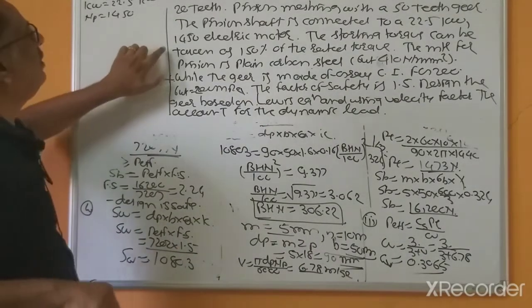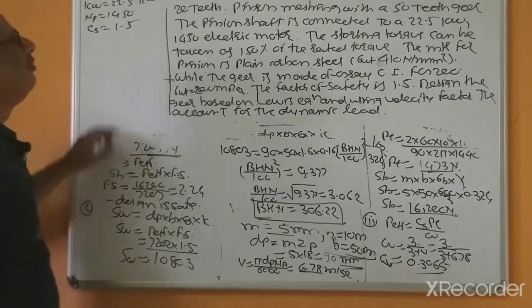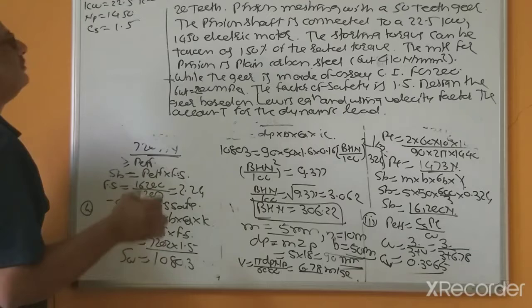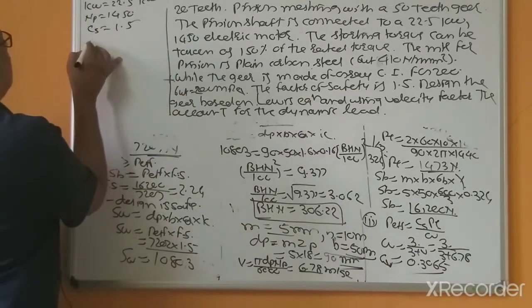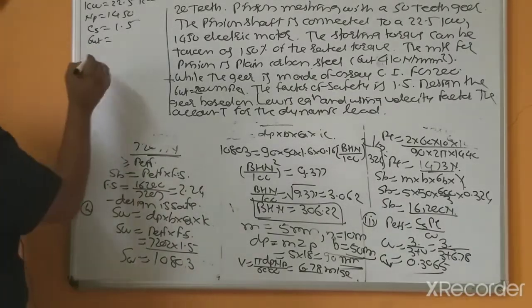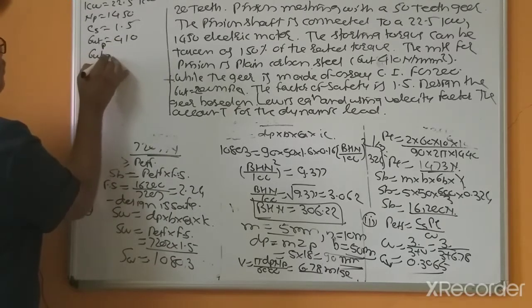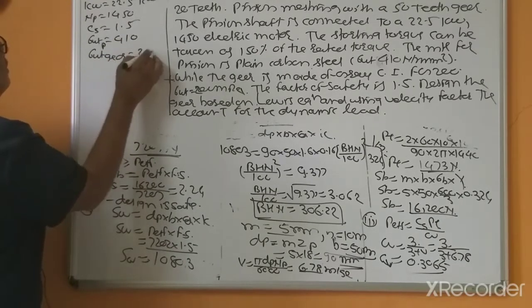This is starting torque 150%, means CS equal to 1.5, and this is sigma UT for pinion 410 and sigma UT for gear, this is 200.